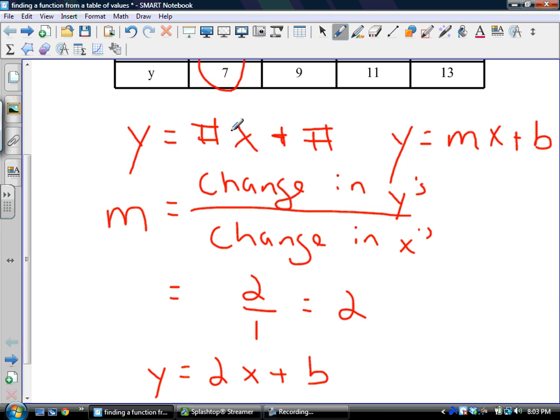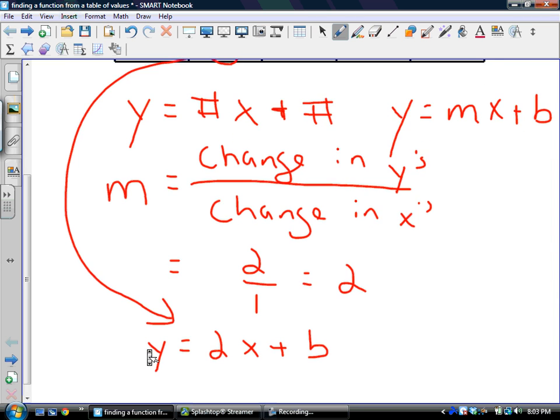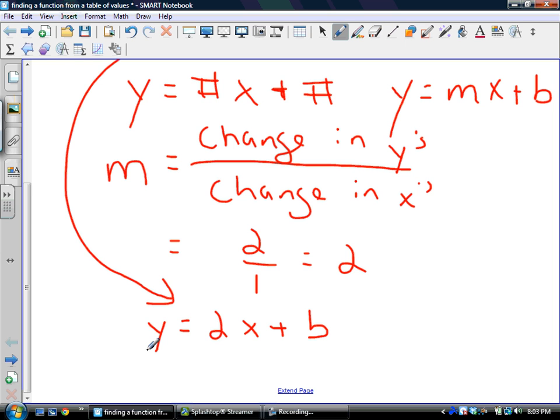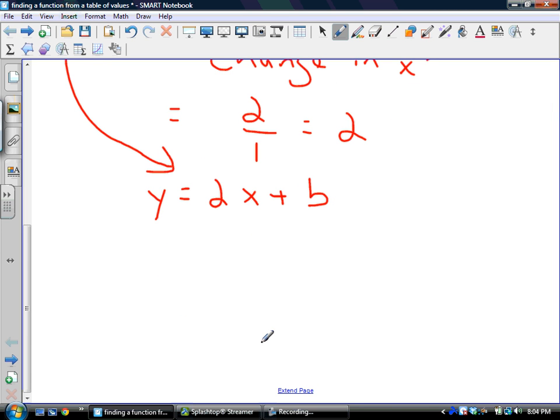I plug them in and see what b is. So if my y is 7 and my x is 1, what I have then is 7 equals 2 times 1 plus b. Now, this should be pretty easy to figure out b. 2 plus b is 7.